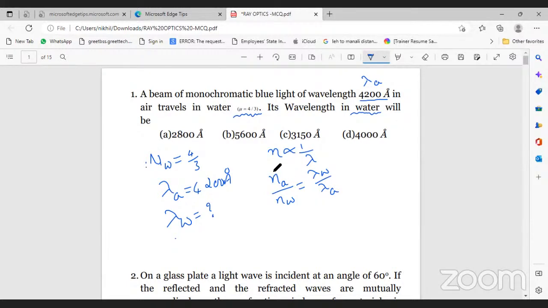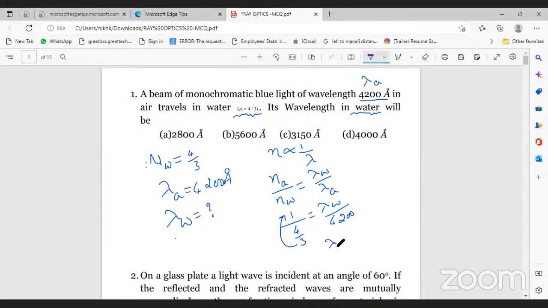In refractive index, if you take air by water, in wavelength you have to take water by air. Refractive index of air is 1, refractive index of water is 4/3, and the wavelength in air medium is 4200 angstrom. This 3 goes up.